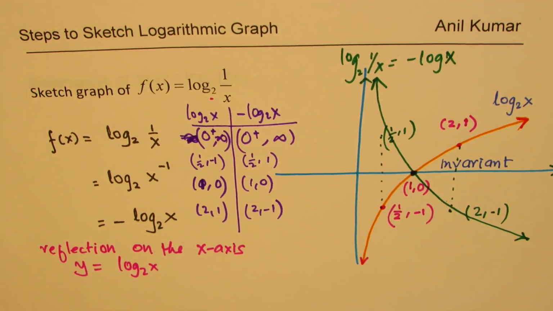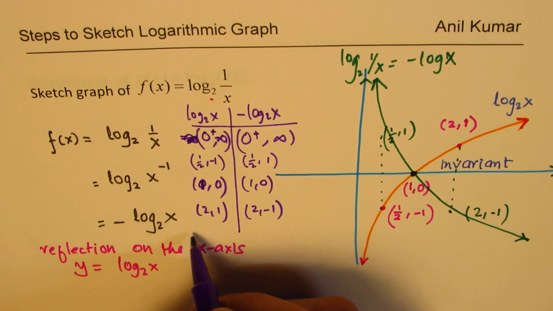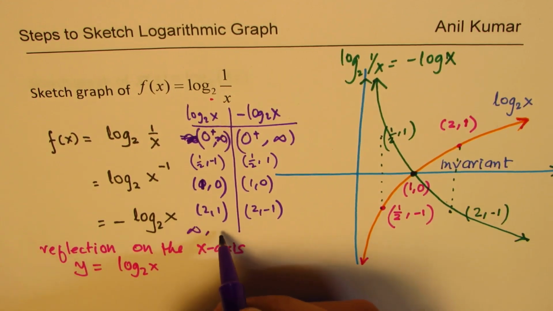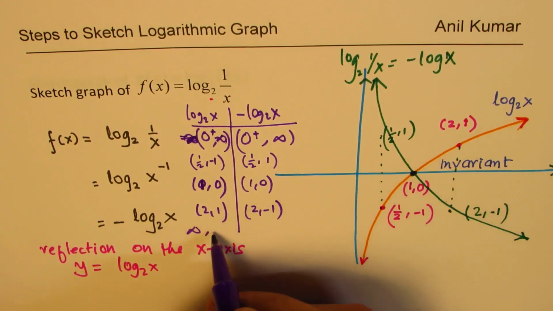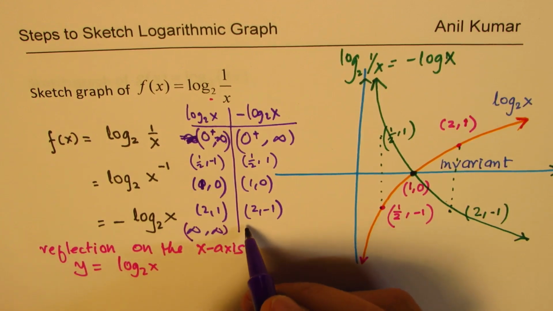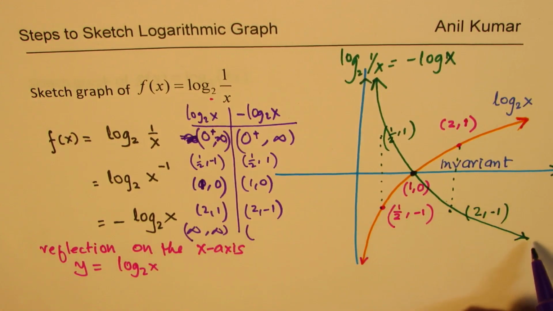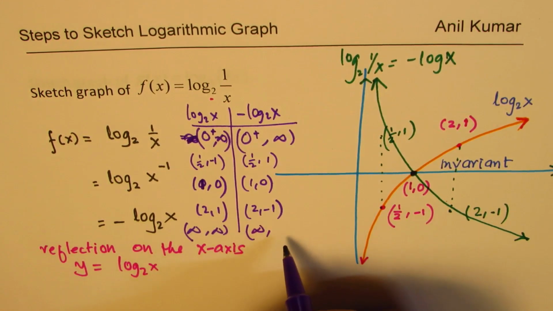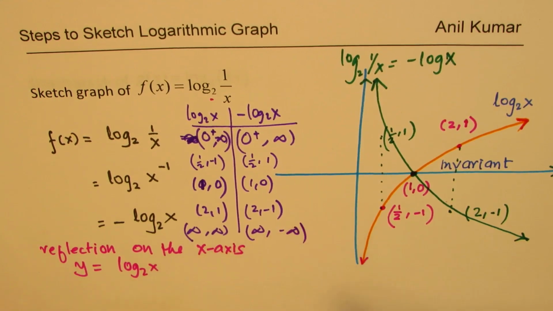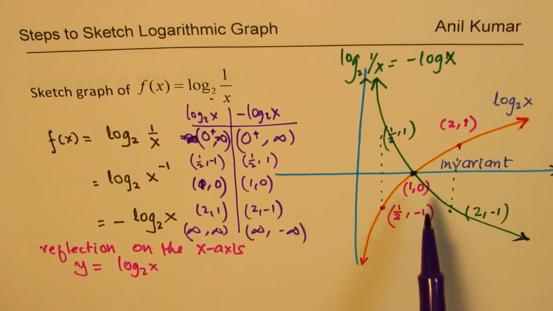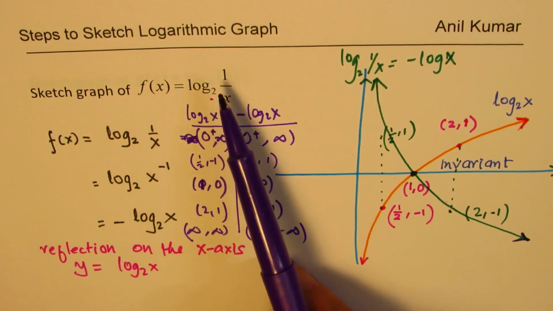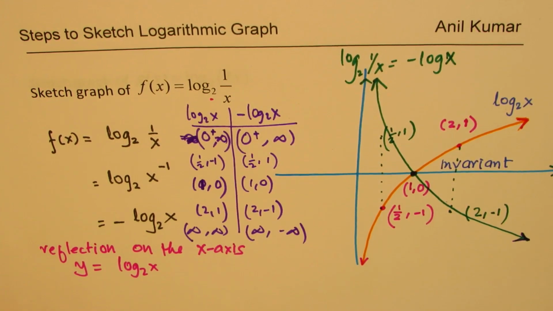Correct? On this side, when x is approaching positive infinity, then y is also approaching positive infinity. However, the end behavior kind of reverses. So when x approaches positive infinity, y approaches negative infinity, as can be seen here. Correct? So that becomes the graph of log to the base 2 of 1 over x. Is that clear to you?